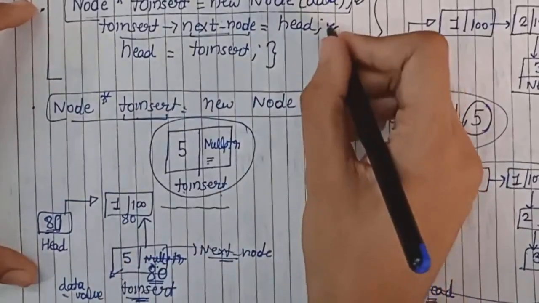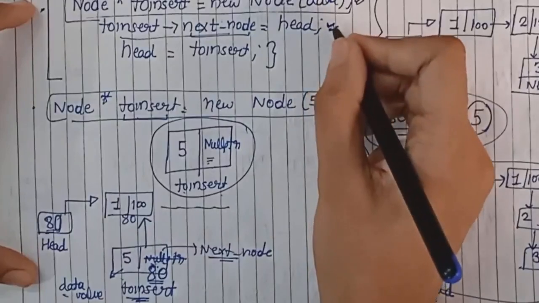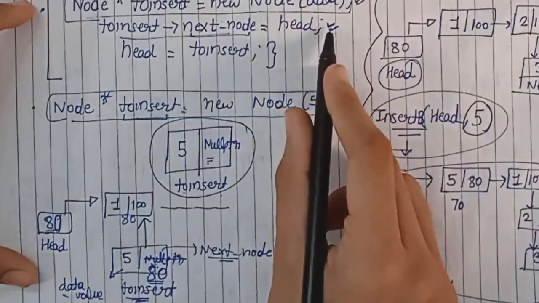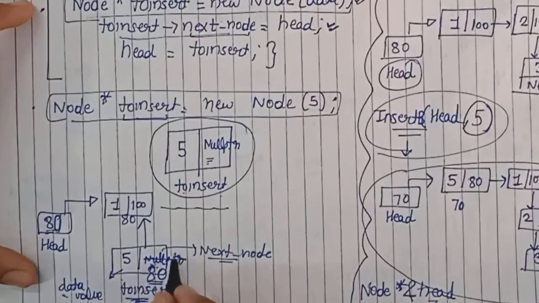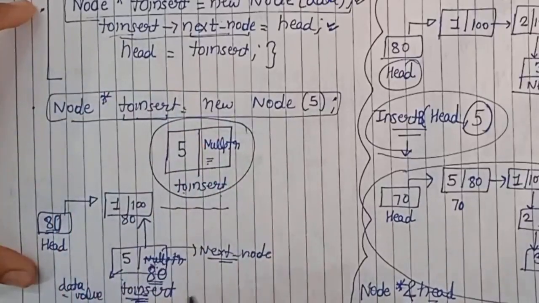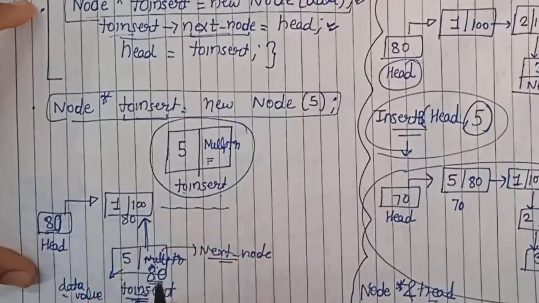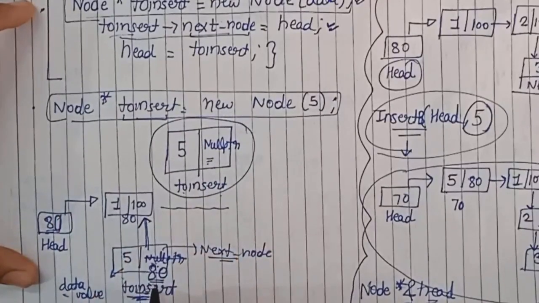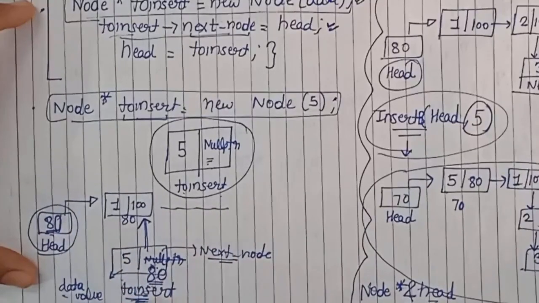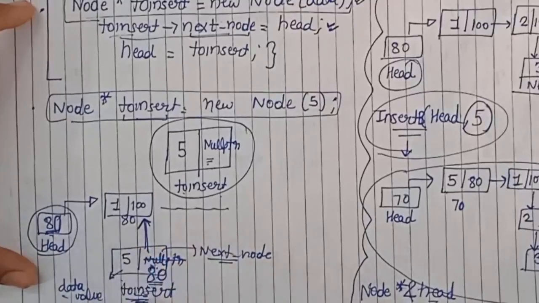So, to repeat, with the help of this code line, the next node pointer part of the to insert node started pointing towards the first node, because I have copied the address of the head node, which was 80.